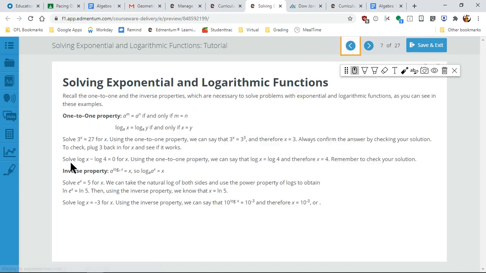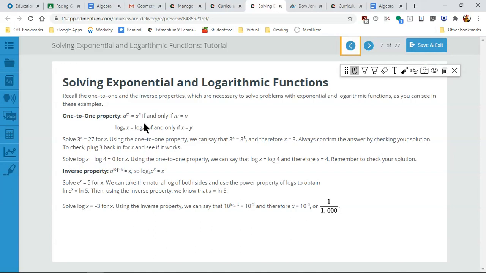I must have misunderstood what they meant by this one-to-one property. So this one-to-one property means if we don't care about it, we're not doing it. Inverse is what I'm used to doing. This one-to-one property is them saying, who cares?